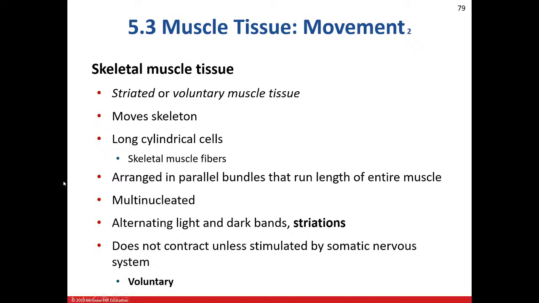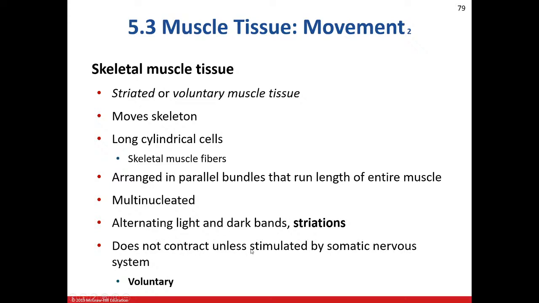If your muscle cell is a foot long, that is a really long way for one nucleus to send mRNA out or send proteins out. So we have multiple nuclei along the length of the muscle cell, and that helps us keep up with the protein demands of muscle. It also has those alternating light and dark bands we mentioned called striation.